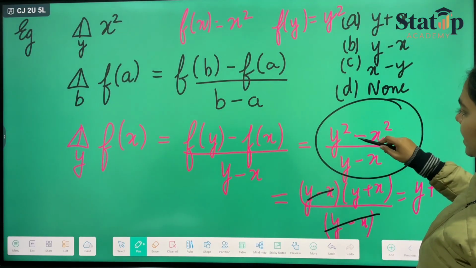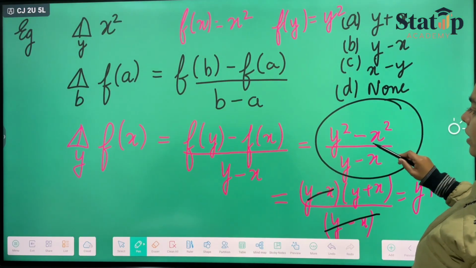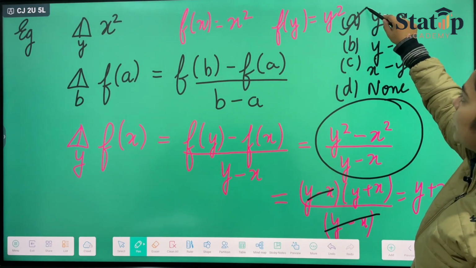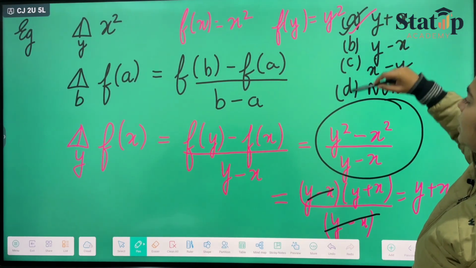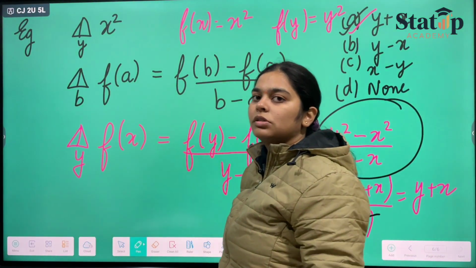So just seeing this, I can solve this. If I know the formula, I will directly write this, and just seeing this, I will write that my option is correct, x plus y. So this is how you solve the questions.